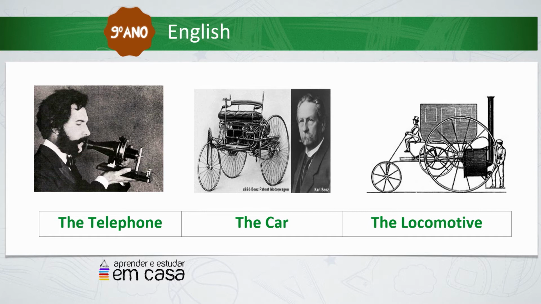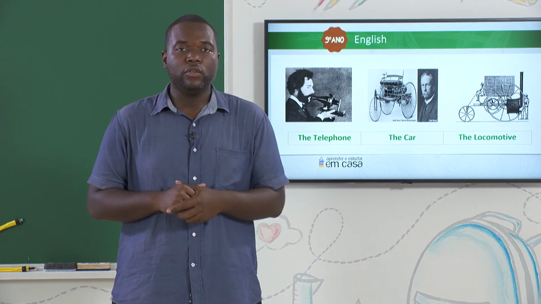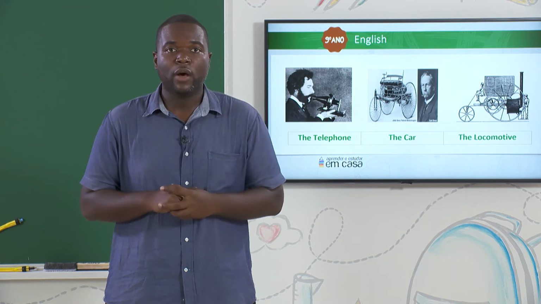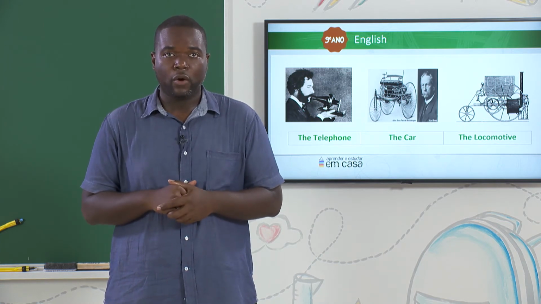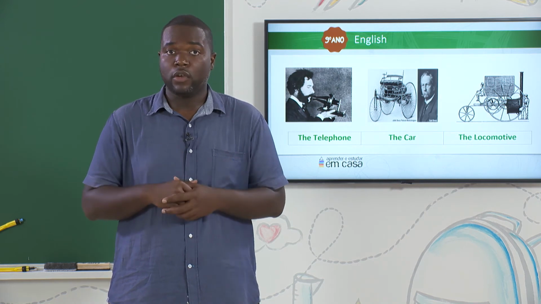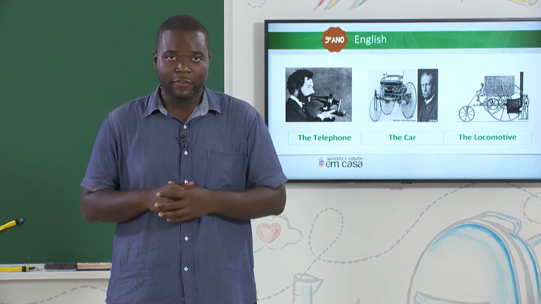Now, as you can see from these pictures, they are very different from what we have today because they were invented a long time ago. So yes, students, we will be using the inventions of mankind to talk about the passive and the active voice, okay? So now that we have seen our introduction and what we will talk about, let's start our lesson, okay?